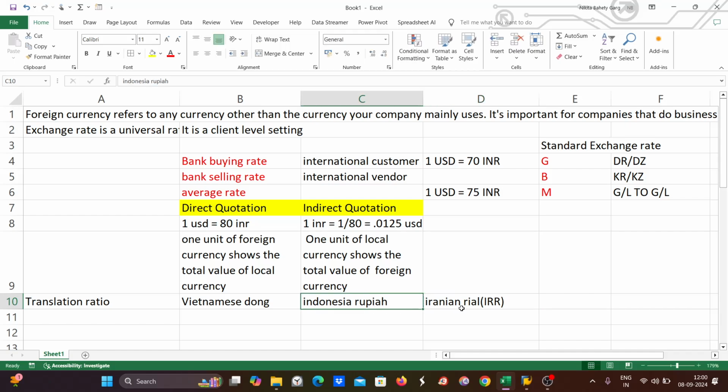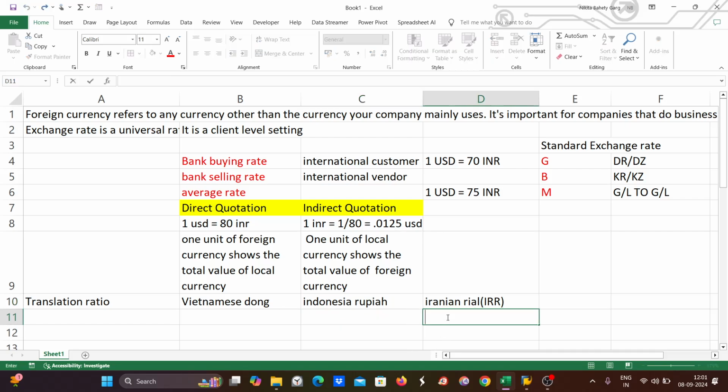These currencies are very weak in comparison to our local currency, which is Indian rupee. Today's value of one local currency against Iranian rial is around 501 or 502 IRR.